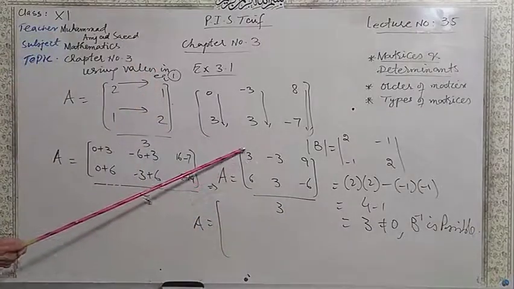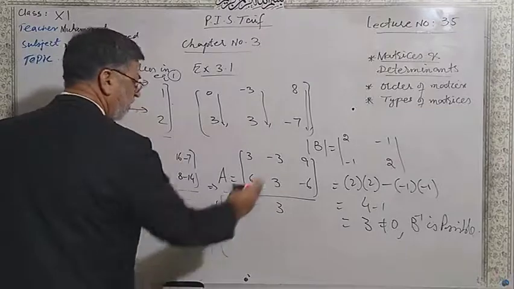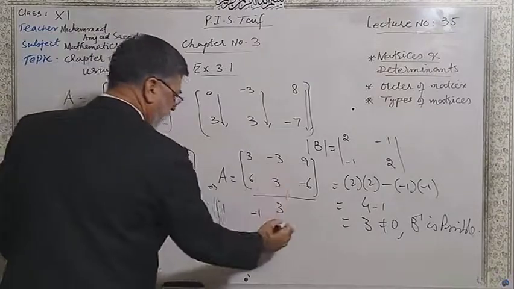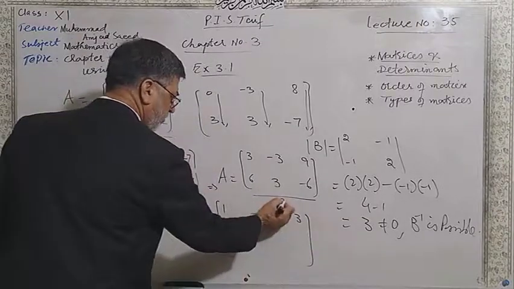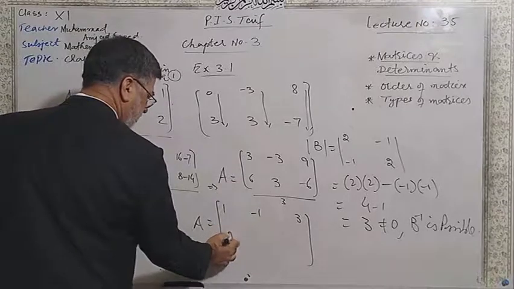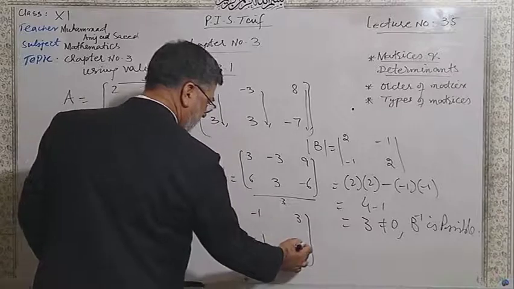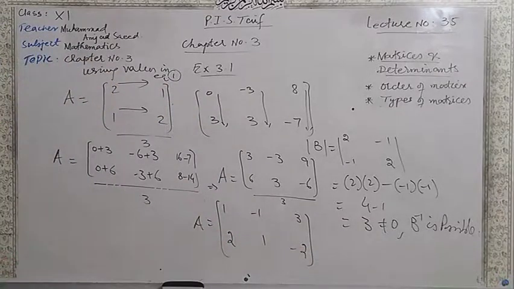Each term is divided by 3. Remember that. 3 by 3 is 1, minus 3 by 3 is minus 1. 9 by 3 is 3. Then 6 by 3 is 2. 3 by 3 is 1 and minus 2. That's your answer of A.